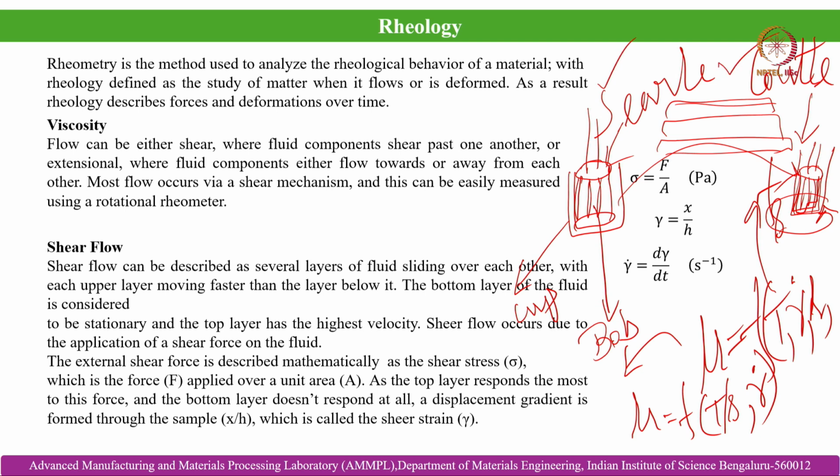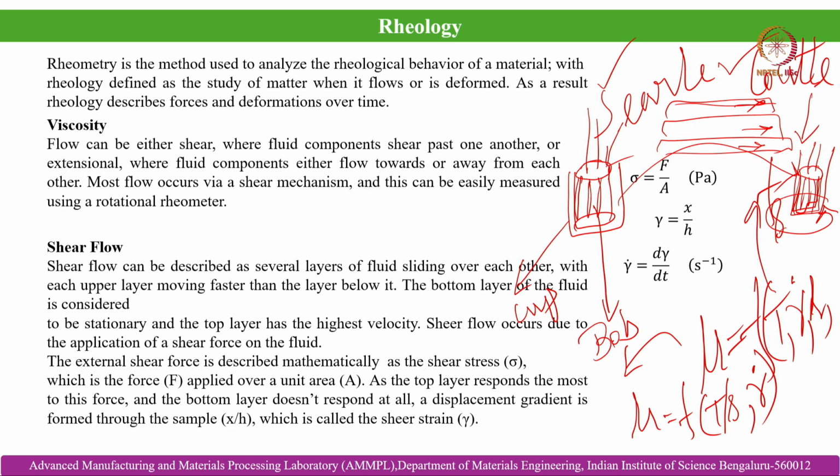Shear flow can be described as several layers of fluid sliding over each other, with each upper layer moving faster than the layer below it. That is the relative velocity concept that I was telling you at the beginning. The bottom layer of the fluid is considered to be stationary and the top layer has the highest velocity. The shear flow occurs due to the application of a shear force on the liquid, and the external shear force is described mathematically as the shear stress sigma, which is the force applied over a unit area.